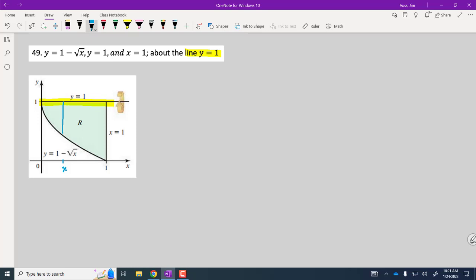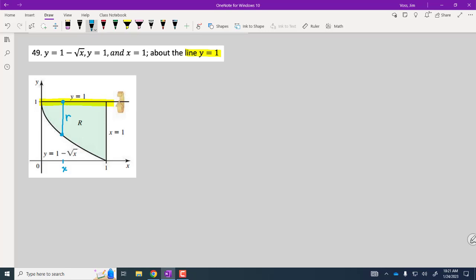But there is no gap between the element and the rotation axis. If there's no gap, it's touching it, so when it rotates around, it's creating a disk. There has to be a gap to create a washer, to get the hole in the middle. Okay. Now, the length of that element is going to be the radius of the corresponding disk when that's rotated.